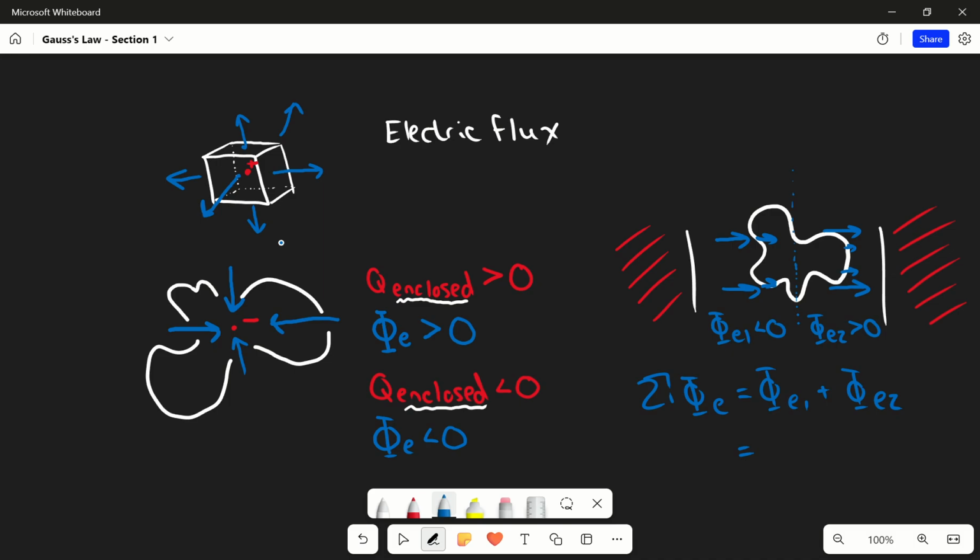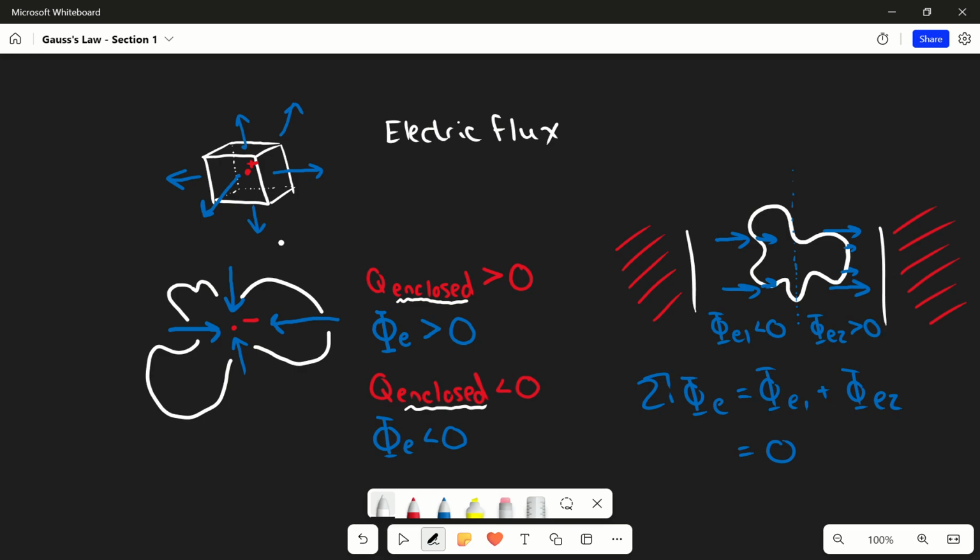And look what's happening. Whenever there's an electric field coming in, it has to come back out at some point because it's moving this way. The object isn't going to stop the electric field. It's just going to lay there and let it pass on through. That means for every negative flux, there's got to be an accompanying positive flux that cancel each other out.